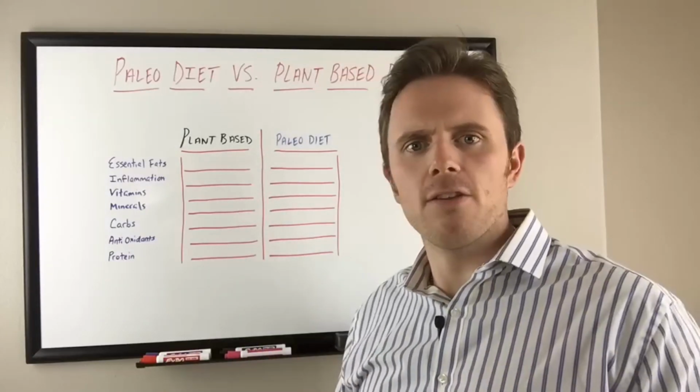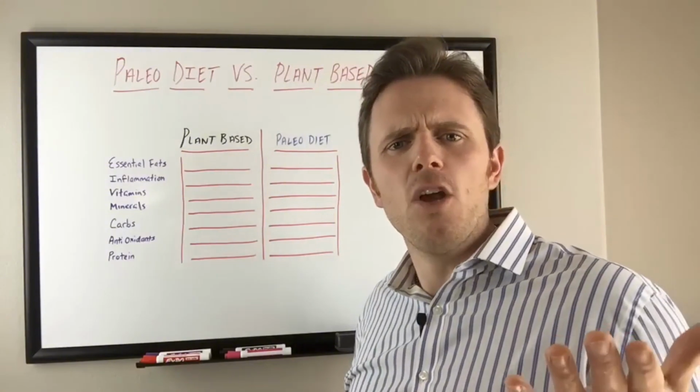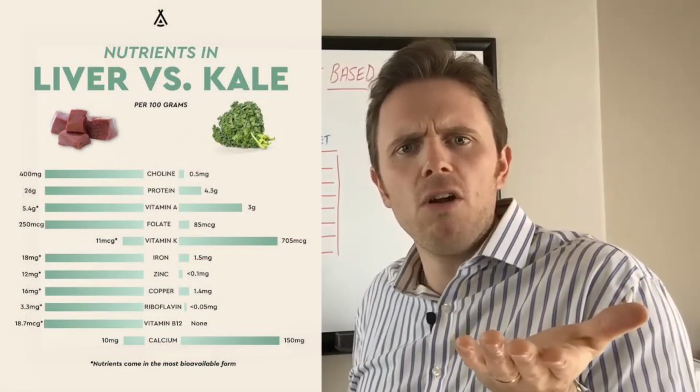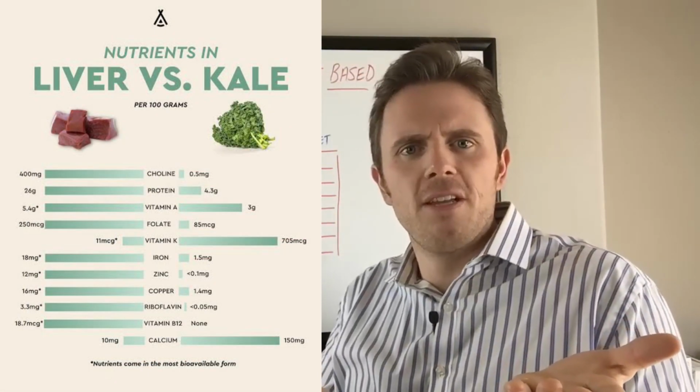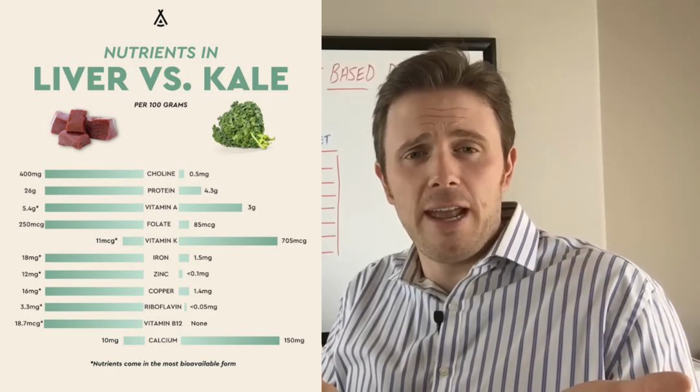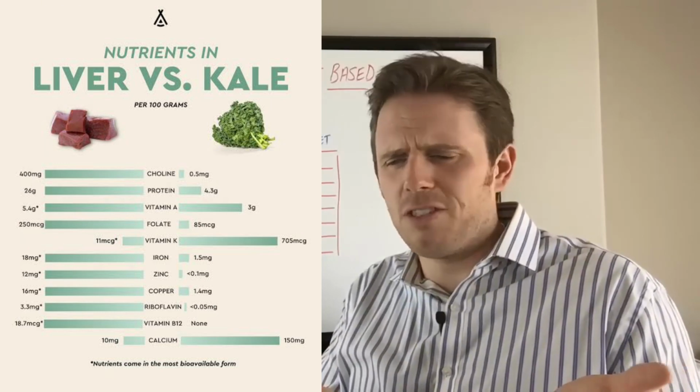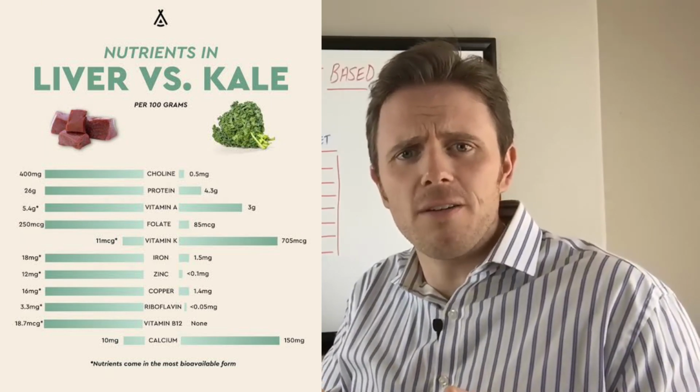So there's a massive bias off the bat in the average public. If I put down some kale in front of a person and said, what's better, this kale or liver, the average person would look at the kale and say, of course the kale. And they'd look at the liver and say, what the heck's that? That's going to clog your heart.